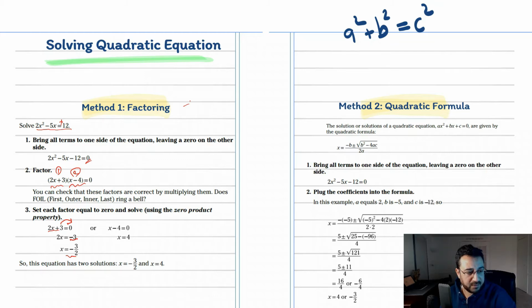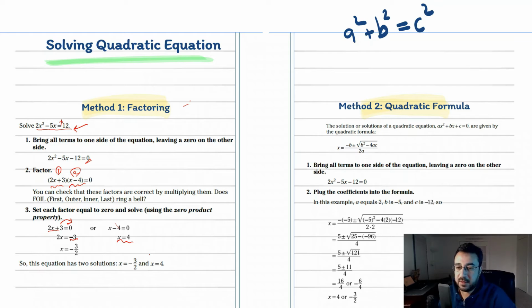Then you have the other factor, which is x minus 4. Move 4 to the other side of the equation and change the sign from minus 4 to plus 4. So x equals 4. The solution of this equation is either x equals minus 3 over 2 or x equals 4.